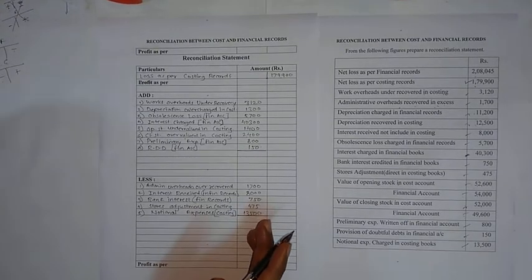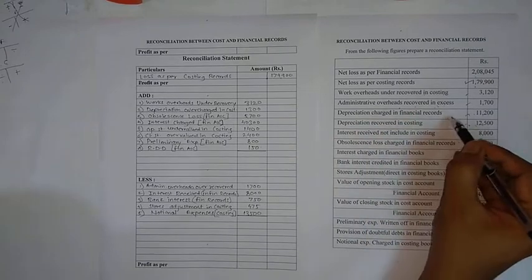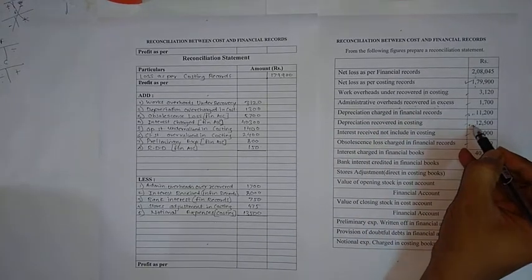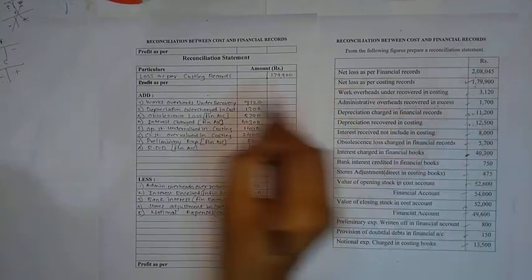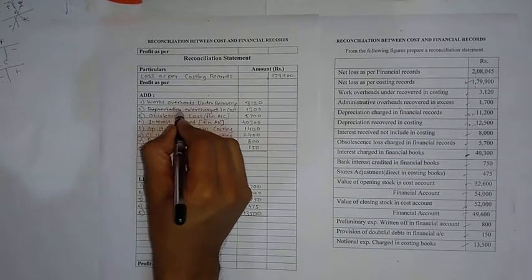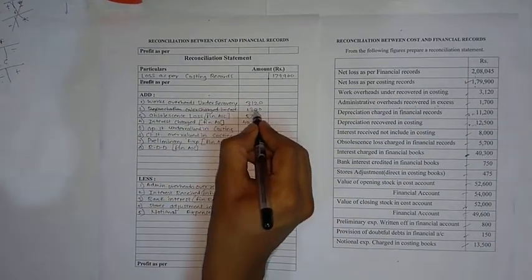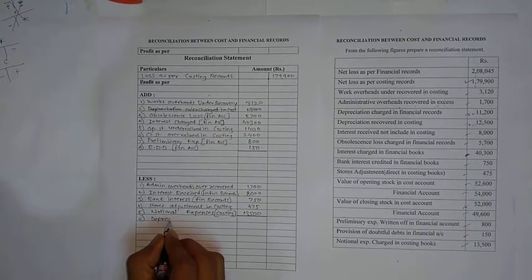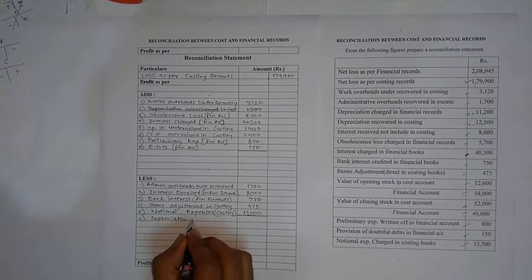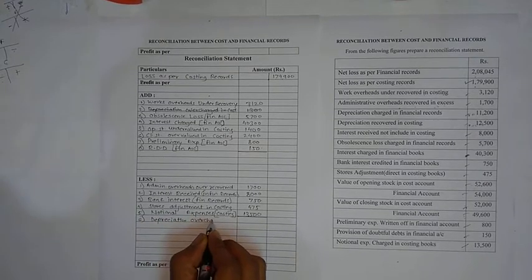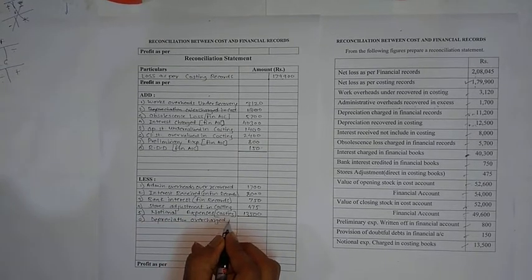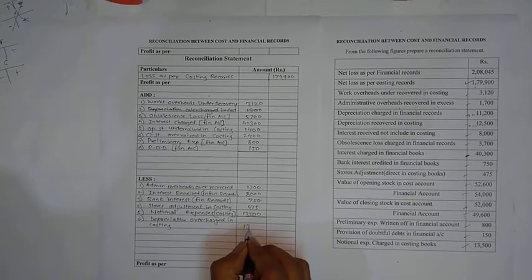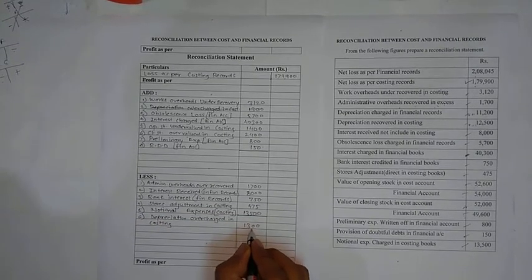Okay, there is a slight correction. Depreciation in financial and costing records, this difference was 1300 and it was wrongly shown in add item. So I'm going to cancel this. Extremely sorry. Depreciation overcharged in costing, amount is 1300.